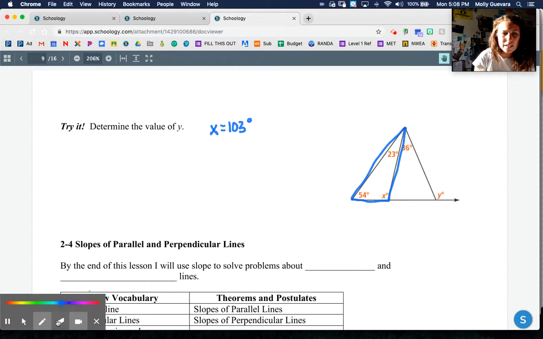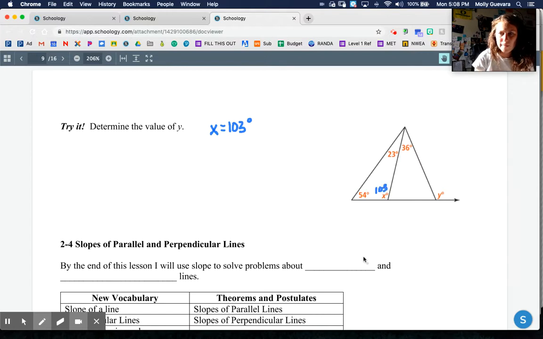Even though it's not asking me to find angle x, I still might have to find it, right? So I'm going to just label this 103. Okay, so if this is 103, then I can easily find this angle as well, because it's just 180 minus 103, which is 77.